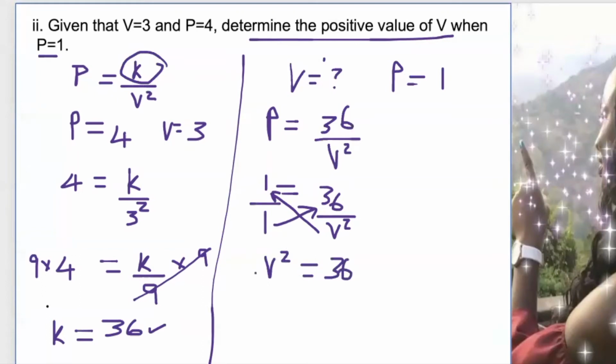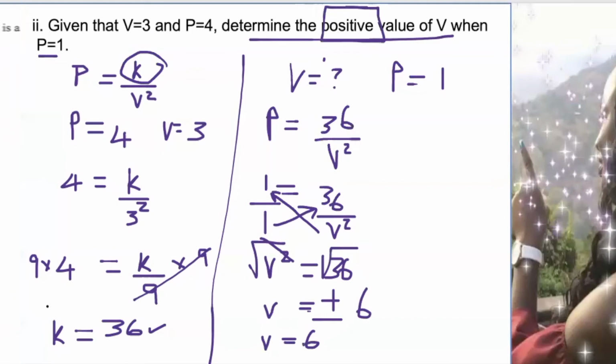Now to get rid of the square, I will square root both sides. The square root cancels the square. So V is equal to, when you square root, you get plus or minus 6 because you get a positive and a negative. But here V is positive, so that means V is equal to positive 6.